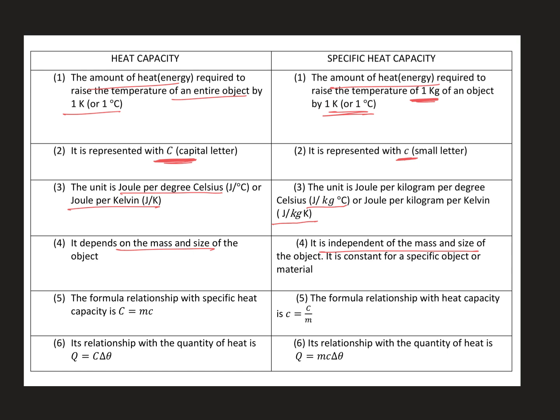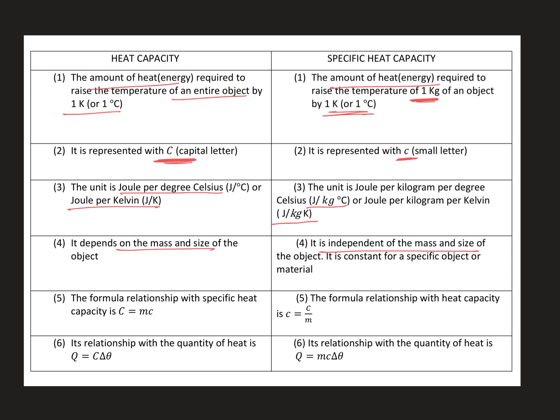It is specific for the object that is in question. Okay, for example, the specific heat capacity of water does not change, it is approximately 4,200 joules per kilogram per Kelvin. But the heat capacity of water can change, depending on the mass of the object.